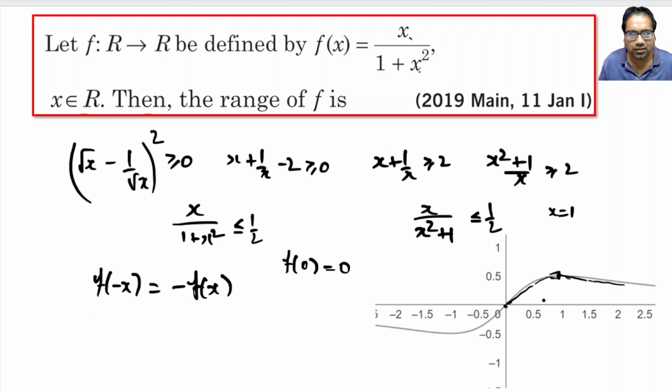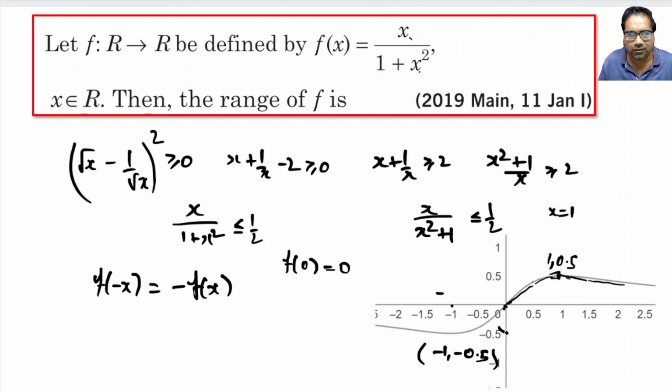For example, if the point 1, 0.5 is here, obviously minus 1, minus 0.5 will be here. Likewise, whatever the points x, y are here, minus x, minus y will be on this side. Obviously, the lowest point here will be minus 0.5. This is the exact mirror image with respect to origin.